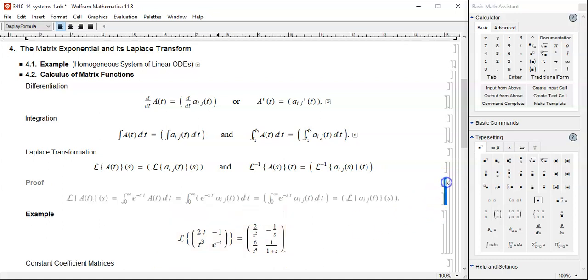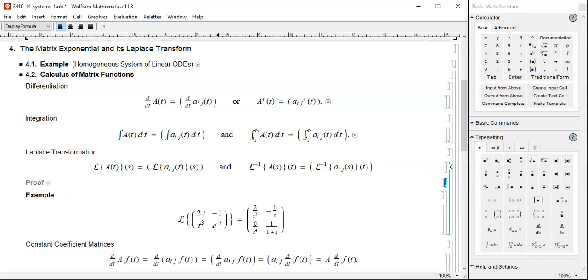If you're on proof, well, it goes like this. The Laplace transform is basically the integral of the matrix function, but the matrix function, you can apply all those integrals to each entry. So basically apply the Laplace transform to each entry, and that's about it. And then of course inverse transform is just precise backward process, no big deal there.